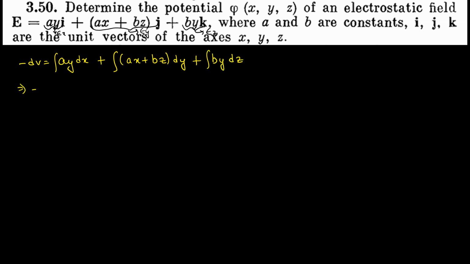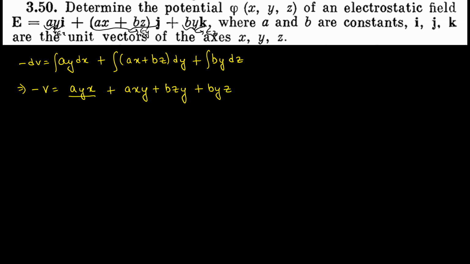Now in this question, this is the x component of electric field, this is the y component of electric field, and this is the z component of electric field. So potential, or minus dV, is equal to ay dx plus (ax plus bz) into dy plus by into dz. And when I integrate this, minus V is equal to ayx plus axy plus bzy plus byz.